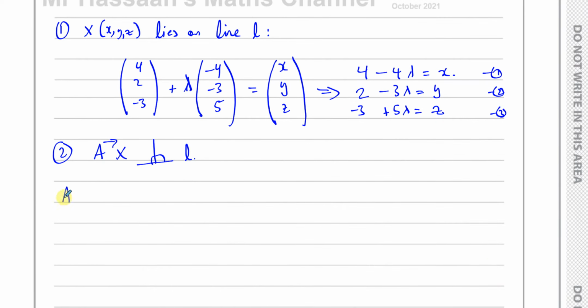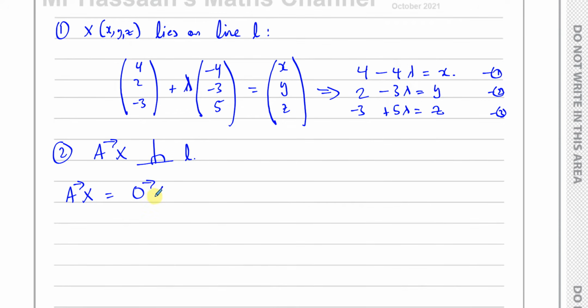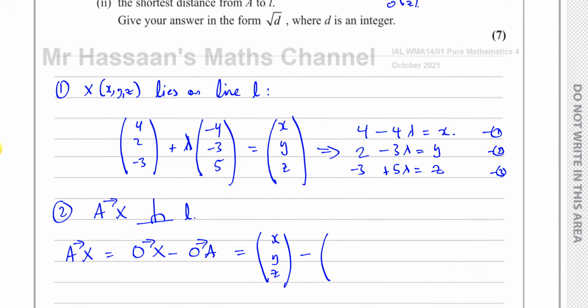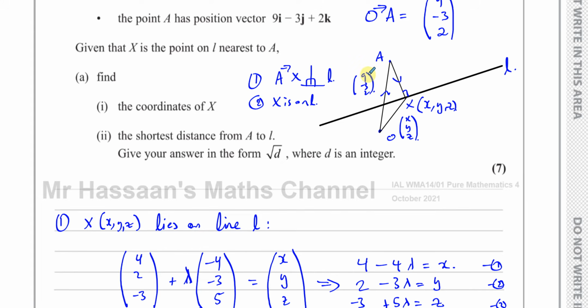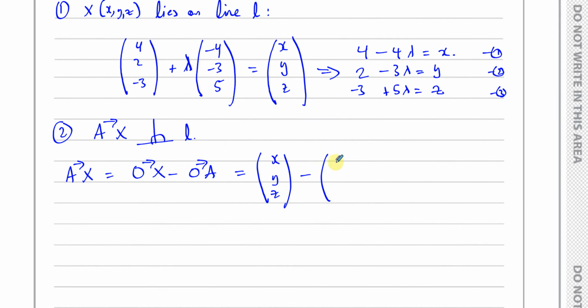So we can say A to X is equal to O to X minus O to A. Alright, so O to X, as we know, is the vector x, y, z. That's what we've called it. Minus O to A. The vector O to A is 9, negative 3, and 2. That's the point. 9, negative 3, and 2.